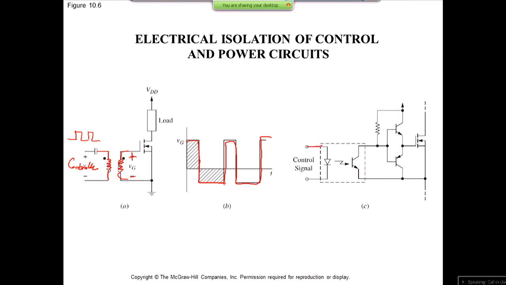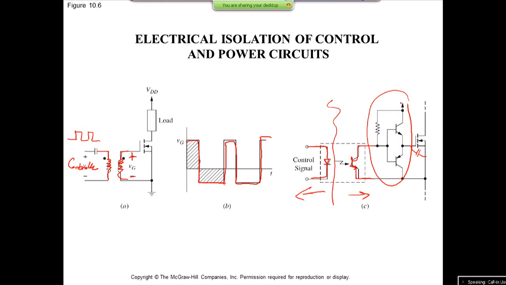Or sometimes what you can do is you can use an optocoupler, okay, which provides isolation. There is optics in between, so electrically this side of the system has nothing to do with this side of the system. So you can see your gate driver is here. Your gate driver is providing that push-pull kind of a mechanism to charge or discharge this capacitor very, very quickly.